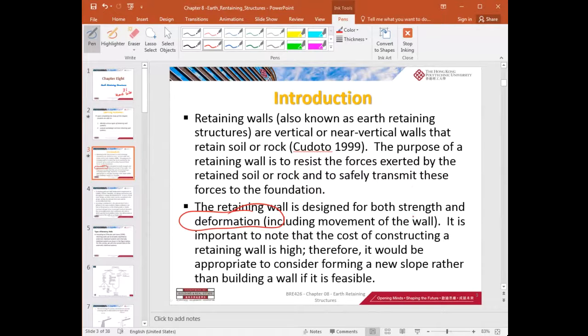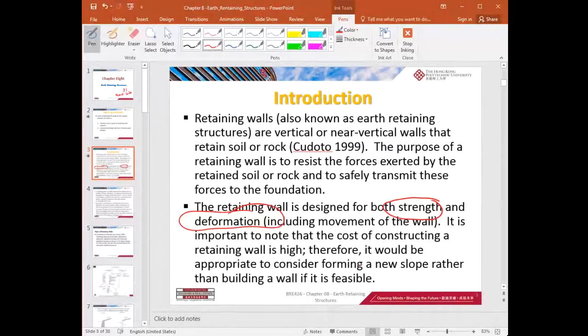And the second point is to make sure the structure will not be overstressed at any part of the wall structures. In other words, it should be stable and it should be strong. These are the two main criteria for the design of the retaining wall, particularly when the retaining wall is very high.